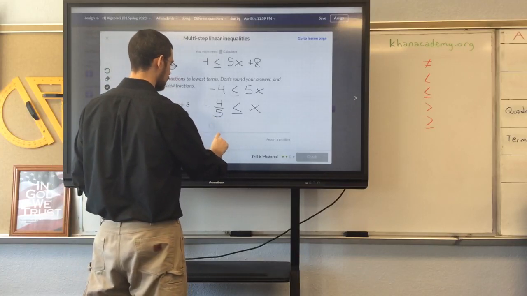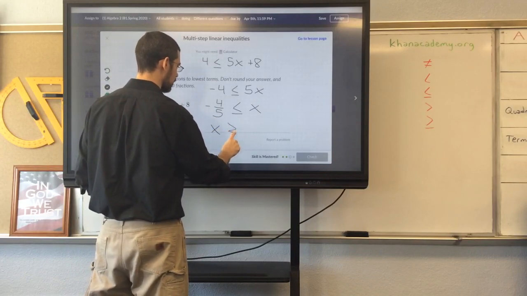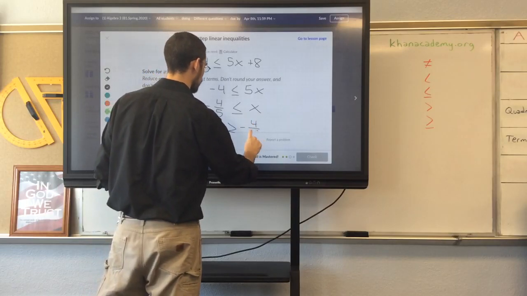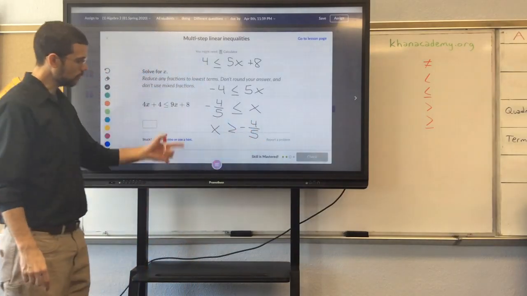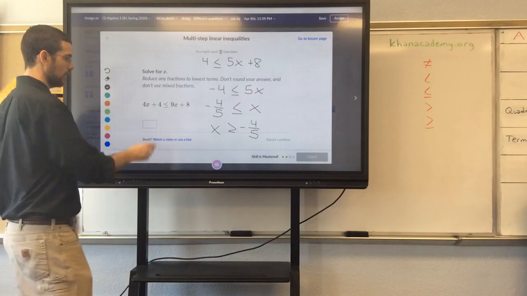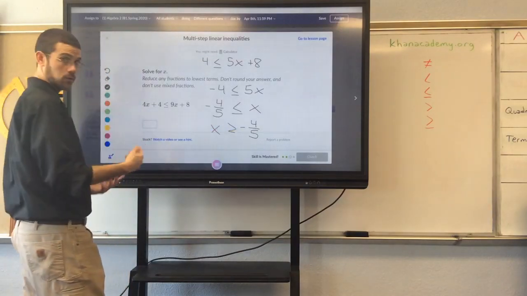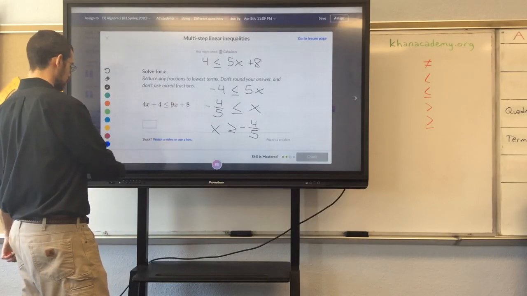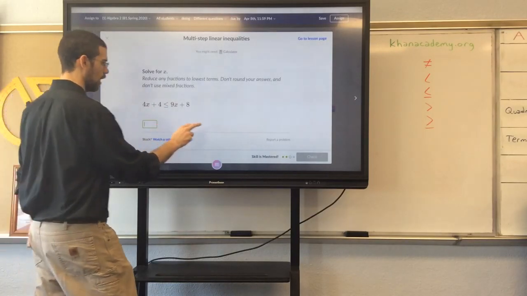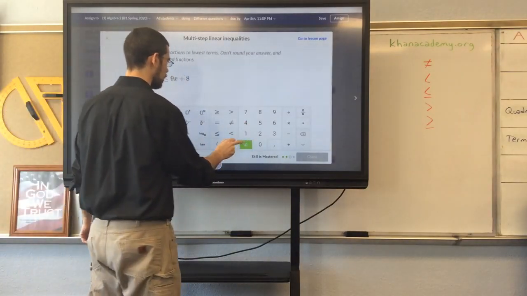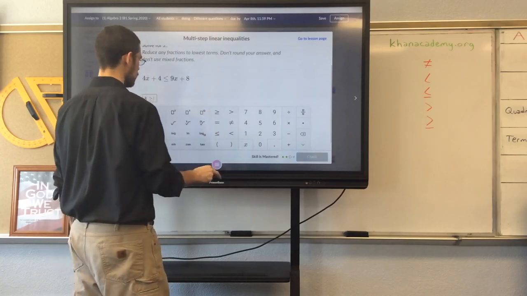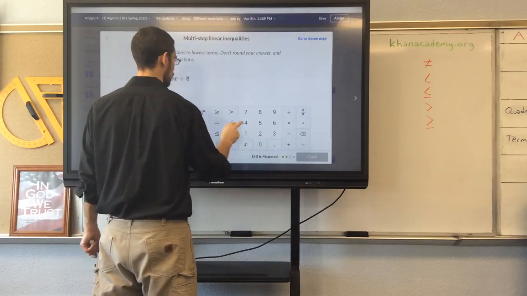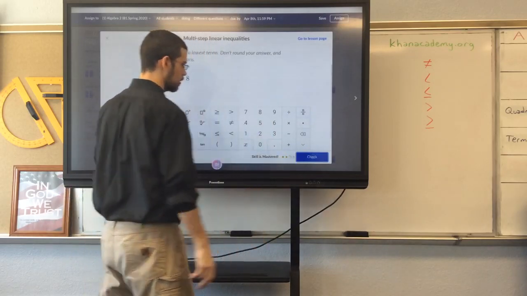So I can write that. x is greater than or equal to negative 4 fifths. All right, so I can enter this inequality, and that's also an expression of my solution. Okay, so x is greater than or equal to negative 4 fifths.